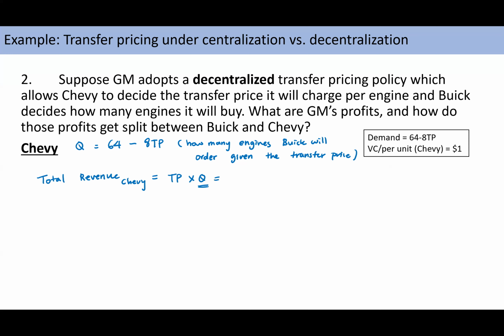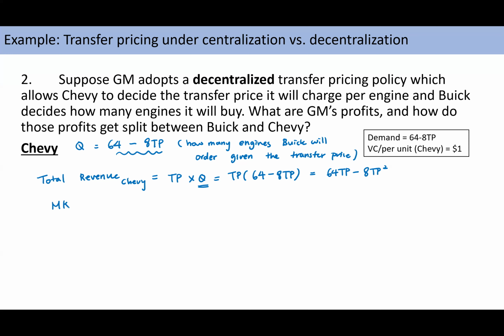We already know how to write Q in terms of the transfer price because we have that function over there. So we plug that in, TP times 64 minus 8 TP. That would be 64 TP minus 8 TP squared.